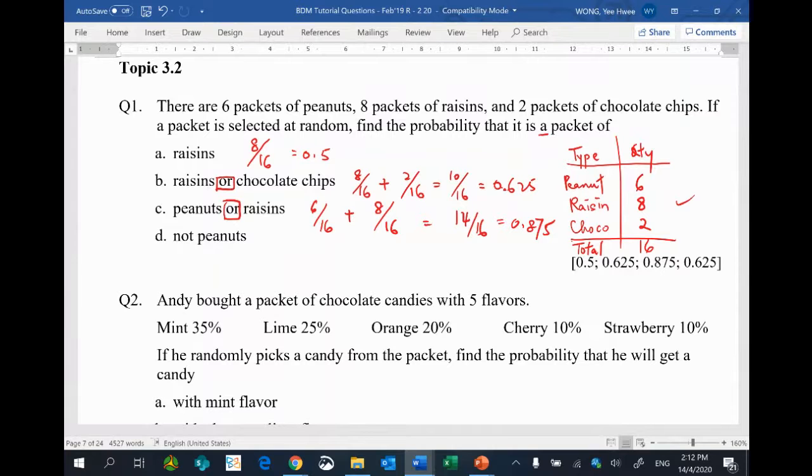Last one, not peanut. Peanut is 6. Not peanuts will be the rest. So you can take the whole thing, 100%, take away peanuts. So peanut is 6. So you get 10, correct? So it will be 0.625.